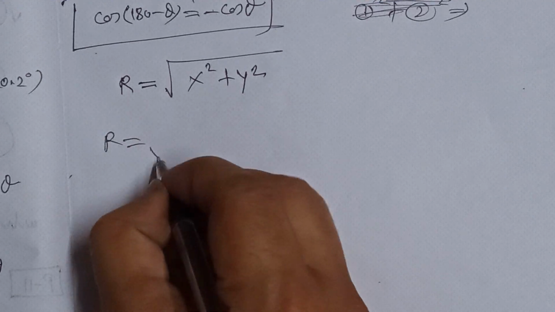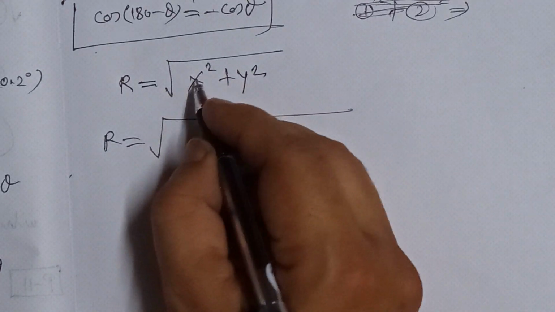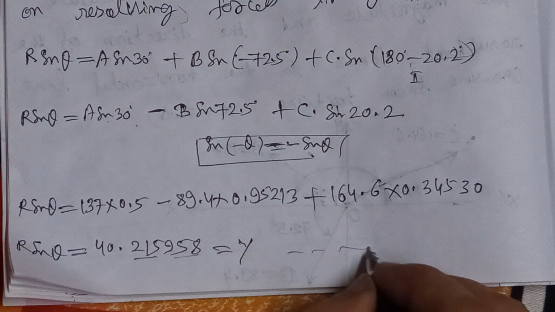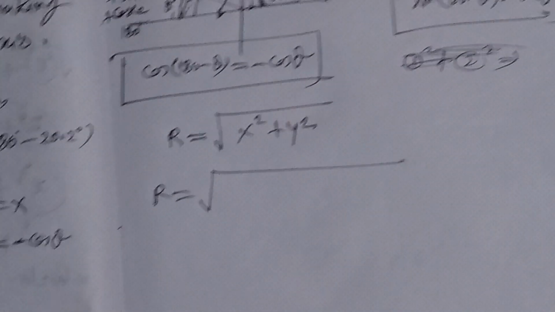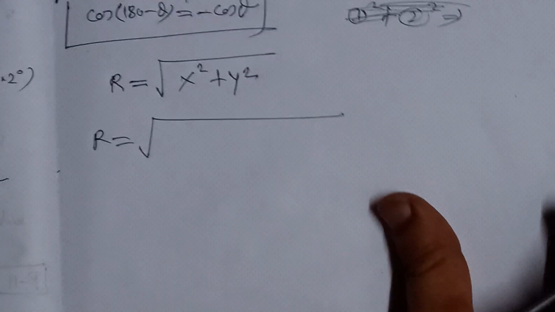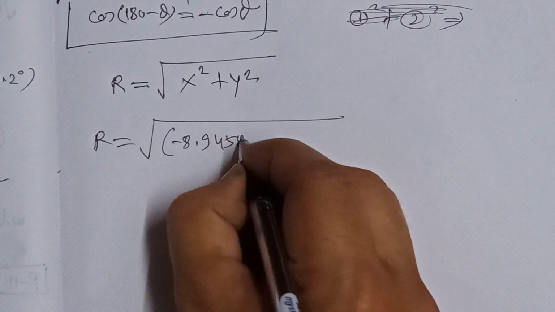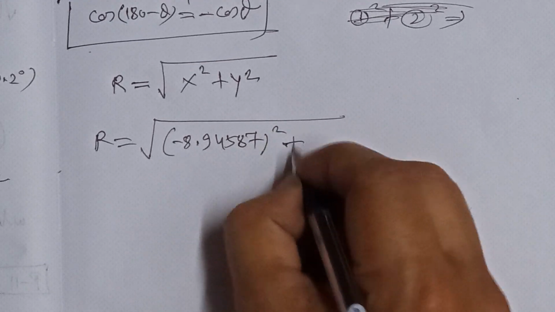Now these values are given in equation number 1 and equation 2. So the value of capital X is minus 8.94587.